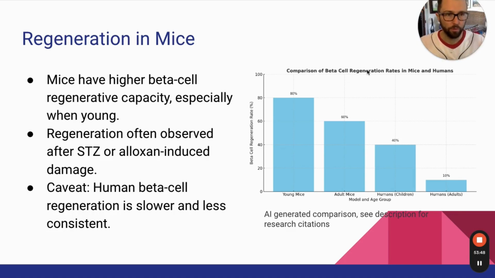Don't do that. This is just for visual sake. Where do we stand in comparison to the mice models, and how quickly they naturally regenerate beta cells compared to us?